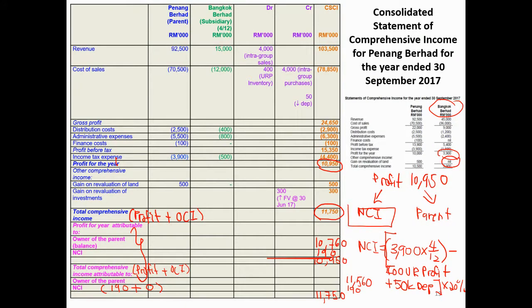This 3.9 million, that profit for sub-C for Bangkok, has not taken into account the unrealized profit, because your unrealized profit has not been adjusted yet, and also has not taken into account the reduction in depreciation. If you read the question, your depreciation has not been adjusted or reflected in the financial statement. So this 3.9 million is without depreciation and without unrealized profit. Okay, Silman? Good.